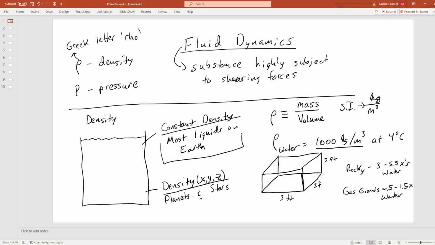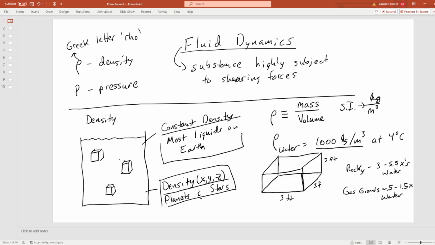If your density is a function, then you have to know how that function behaves throughout your substance or material.